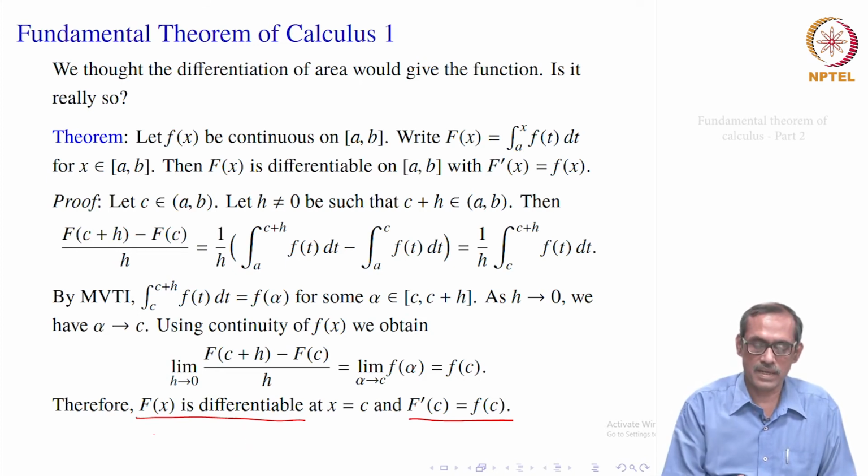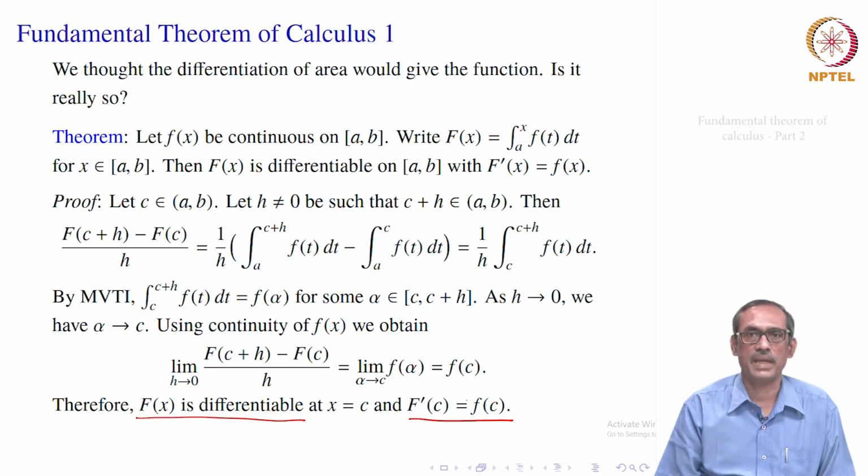So, at a it will be the limit as h goes to 0 from the positive side, since it is coming from the positive side. So, the limit as h goes to 0 plus of F(c plus h) minus F(c) by h, and c is a now. This similar process will continue and we will find that it is equal to F prime at a equal to f of a. F prime at a is the one sided derivative here.